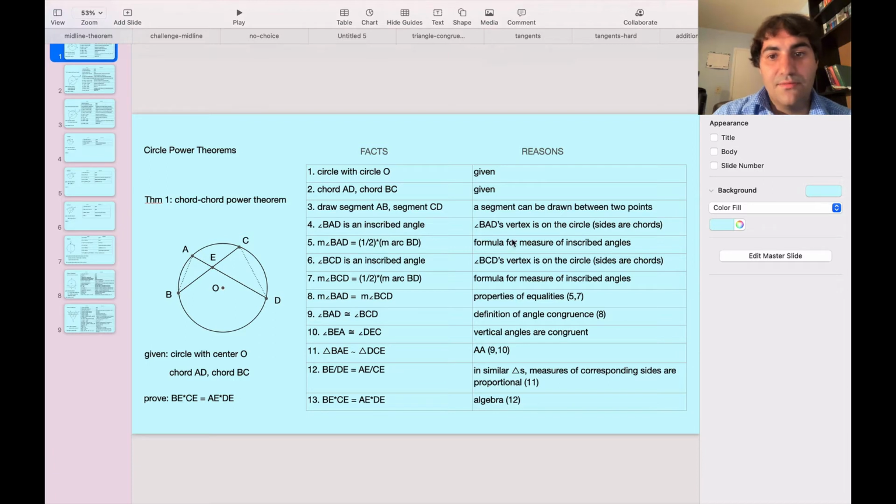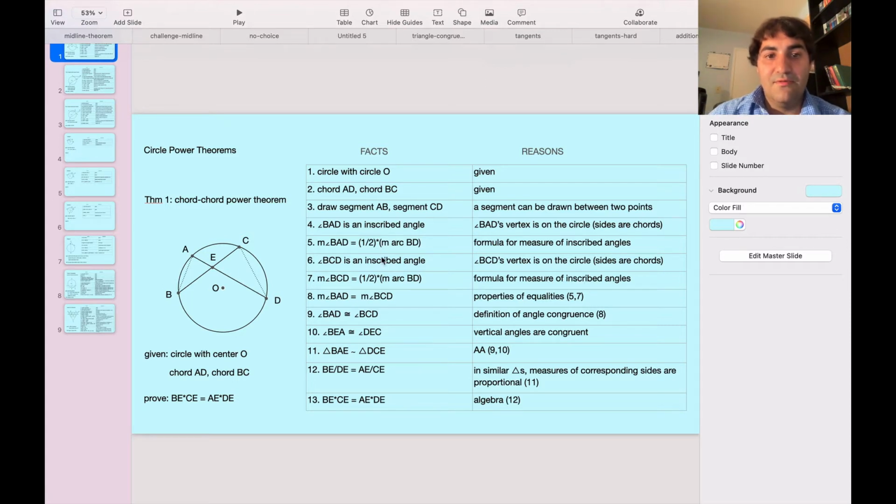You can use the measure for inscribed angles to get the measure of angle BAD equals 1/2 times the measure of arc BD. Angle BCD is also an inscribed angle because its vertex is on the circle at point C and its sides are chords, right? BC is a chord and DC is a chord. And we can use the same formula for measuring inscribed angles.